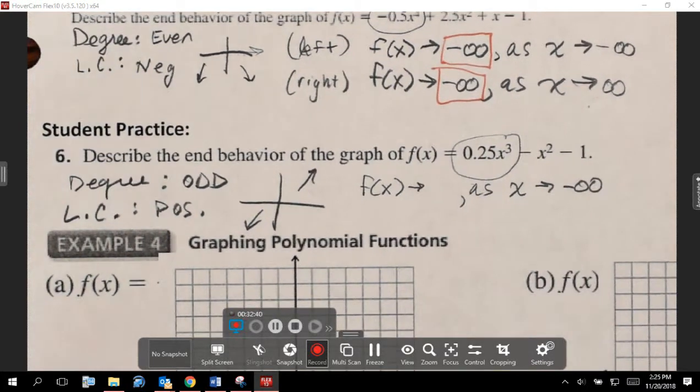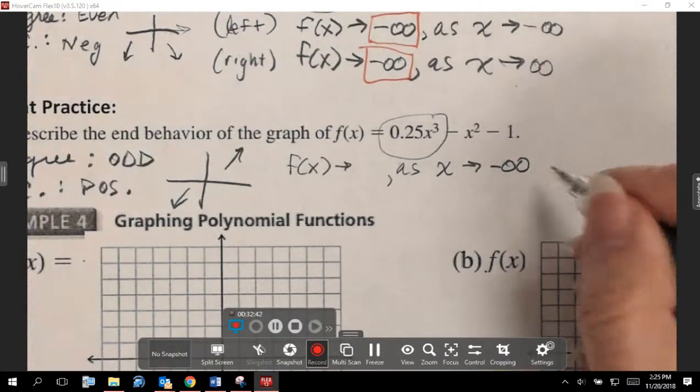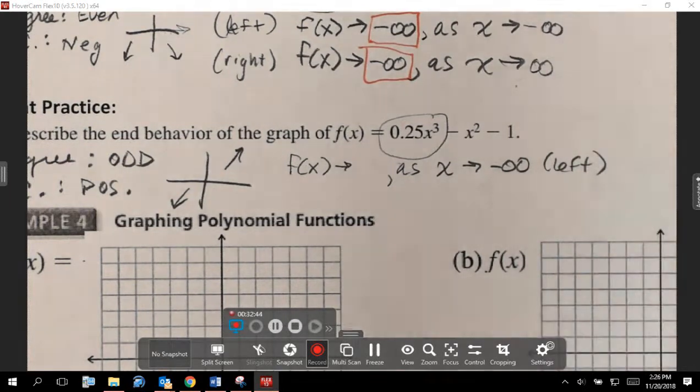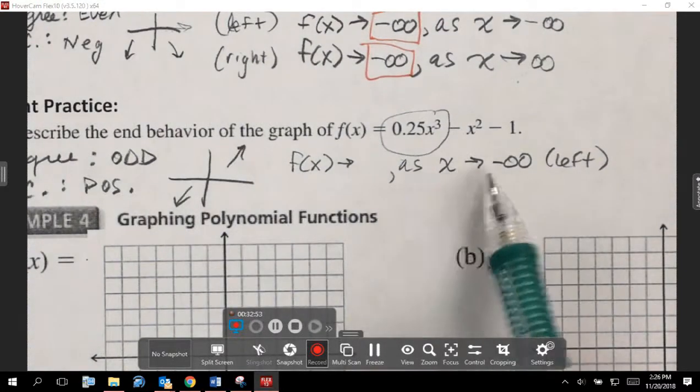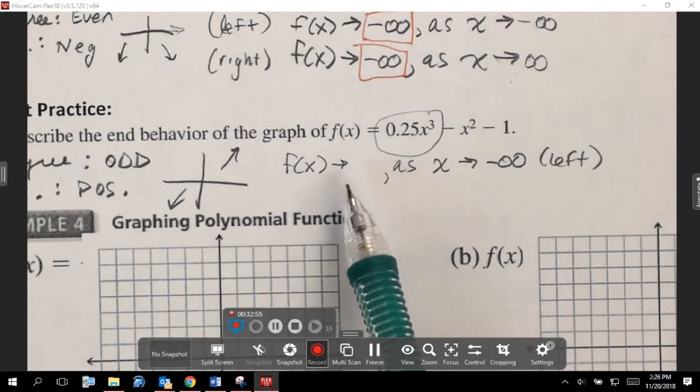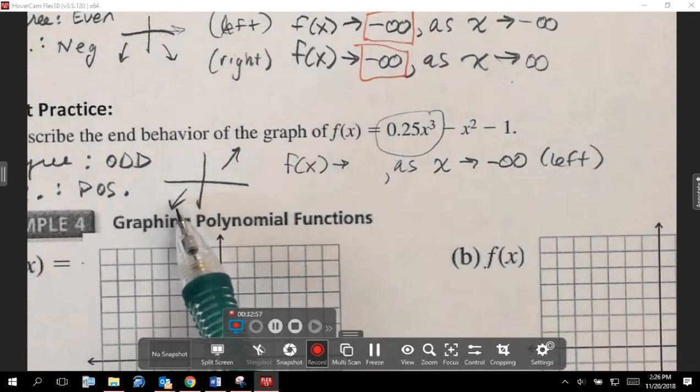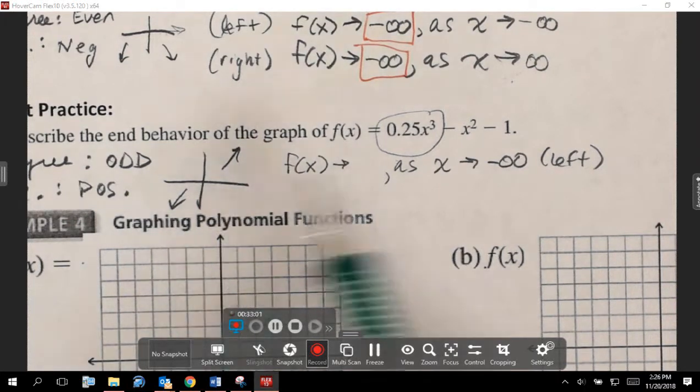So I'm going to start with the left. Everything I wrote there is the same. F of x approaches something as the x goes to negative infinity. That's saying, as we go to the left, what's the graph doing? Now you look at your picture and say, on the left side, is it going up or down? Down is negative infinity.